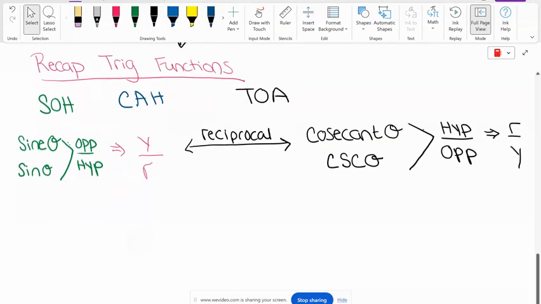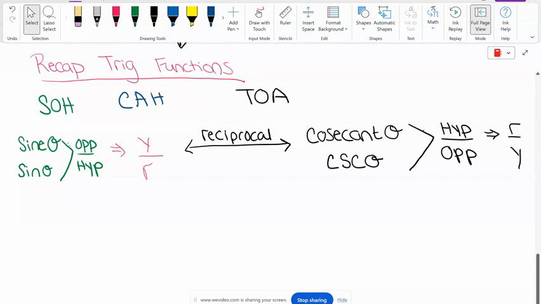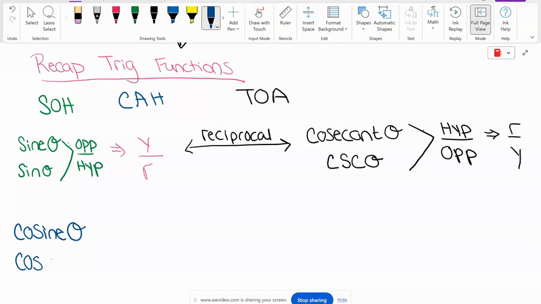That was all for our SOH. Now let's go to our CAH. Who remembers which trig function goes with CAH? Cosine. Similar to sine, cosine can never stand alone. The shortcut for cosine is COS, and this is going to be A over H, our adjacent over our hypotenuse.